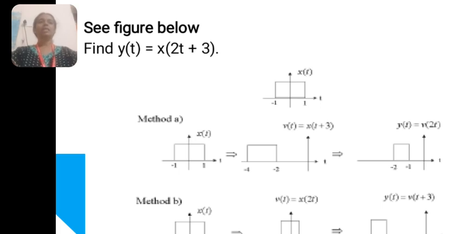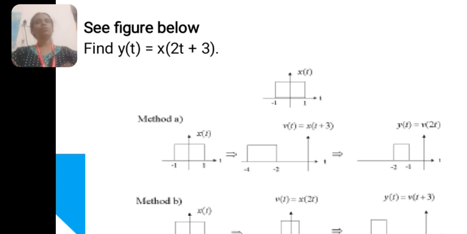First, the scaling operation shall be done. The scaling is done in the time axis. It is 2t, 2 times t. If t is greater than 1, then the signal will be reduced.